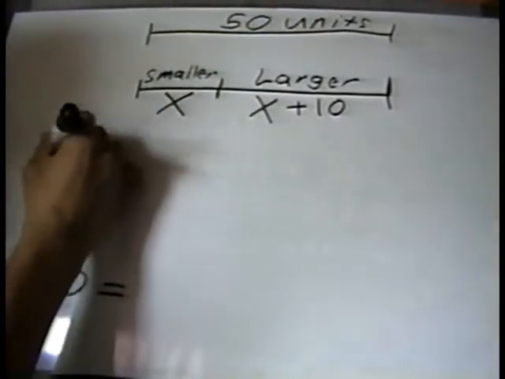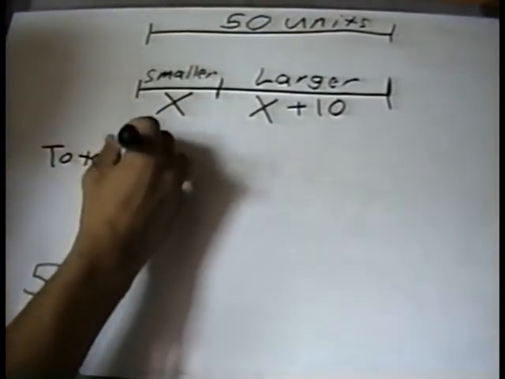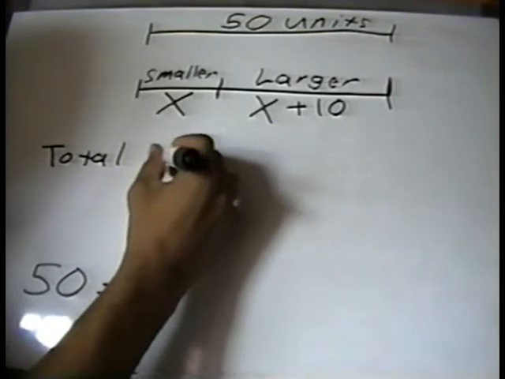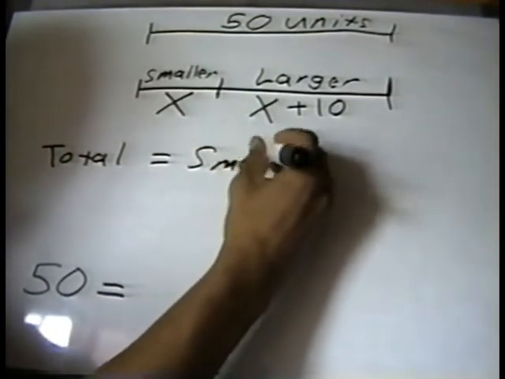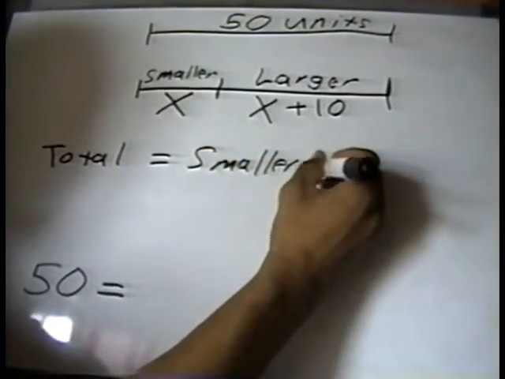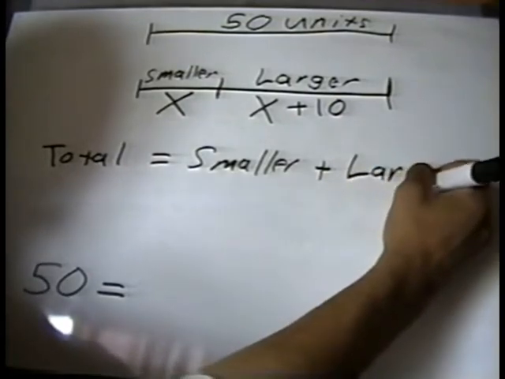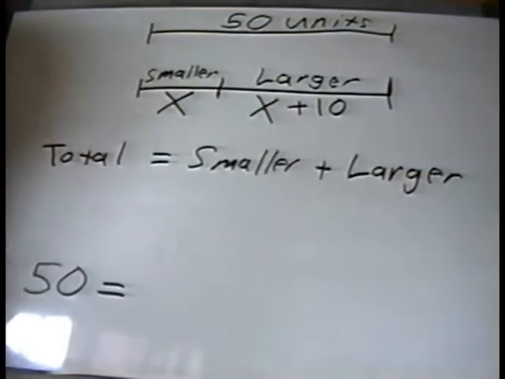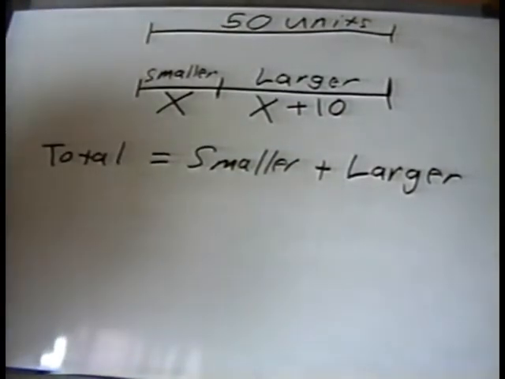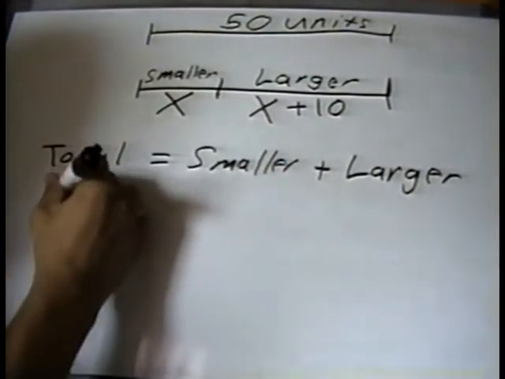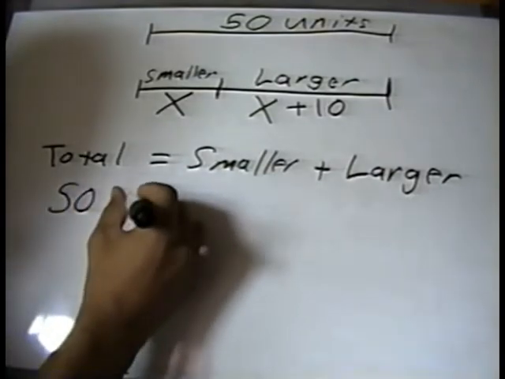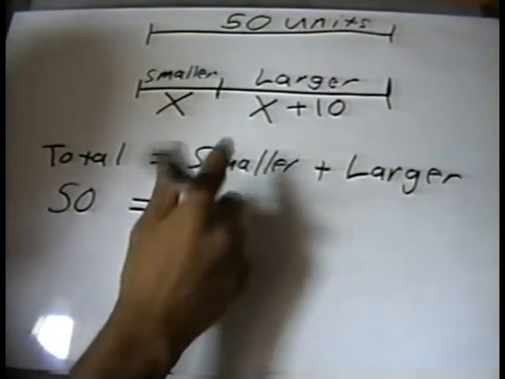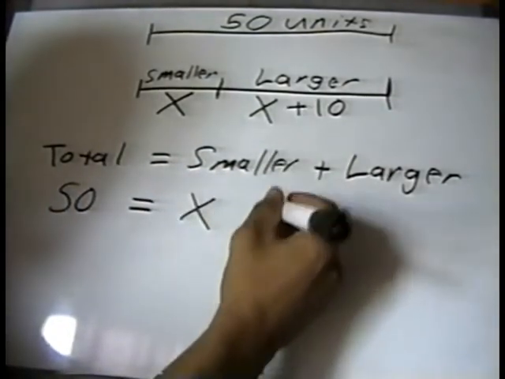So the total length, or we say 50 units, is equal to the smaller part plus the larger part. Okay? So we say the total is equal to the smaller plus the larger.